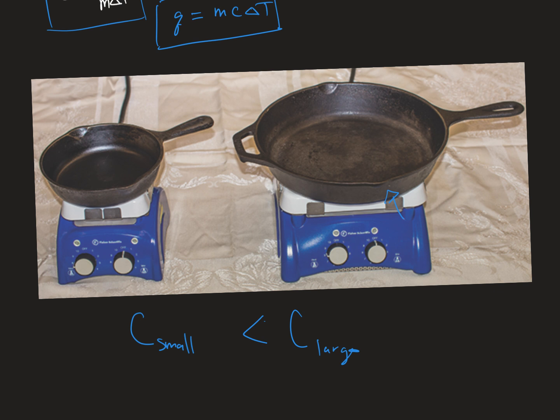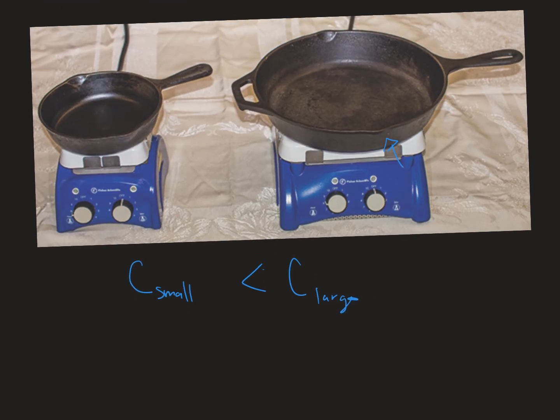But the specific heat capacity, what do you think? The bigger the mass, the smaller the. Let's see. C of the small, this is the lowercase c, versus the C of the large. Which one's bigger, or are they the same? Would they be equal? Because you just consider 1 gram? Yeah, 1 gram of substance.